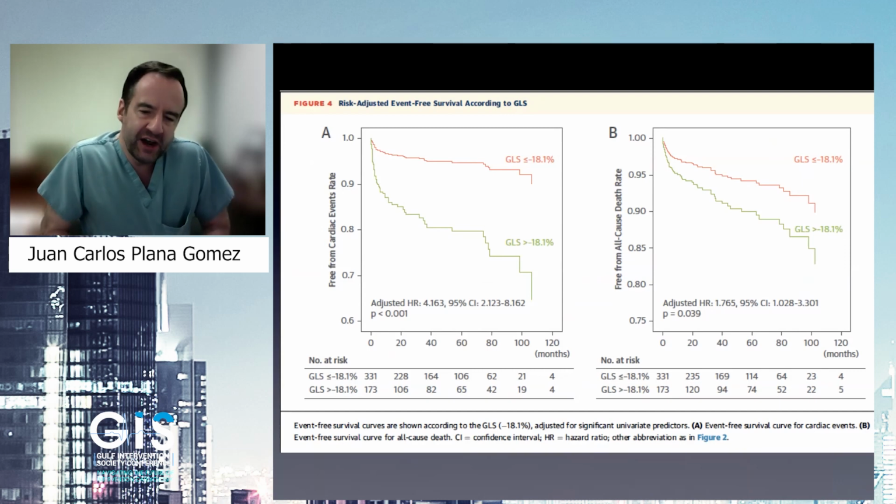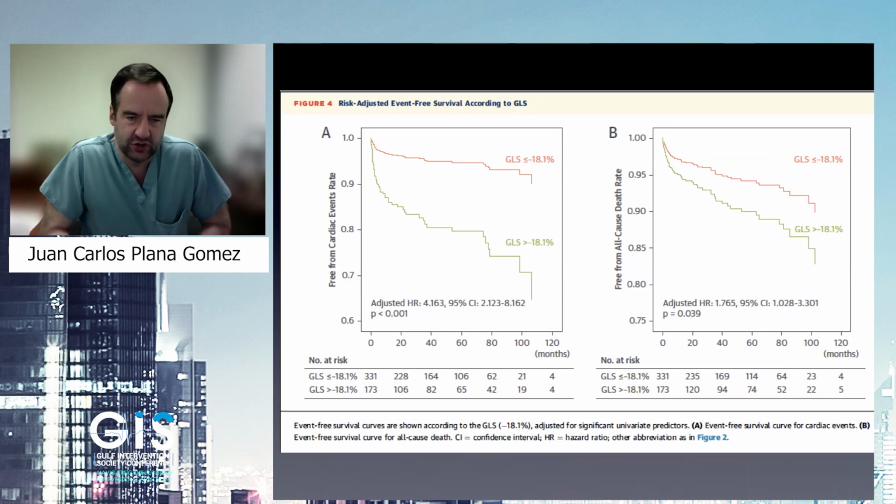So what is it that I have shown you in this presentation? I have reviewed with you a new imaging parameter called global longitudinal strain. It's a parameter of deformation. I have shown you the value beyond what ejection fraction brings to the table.